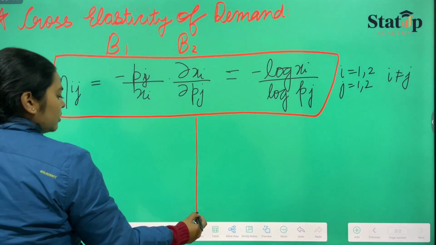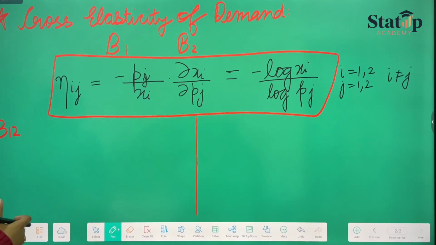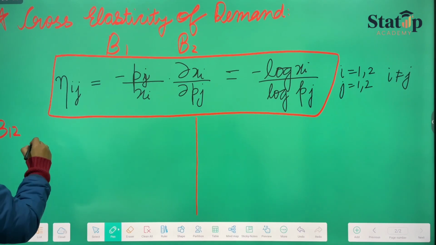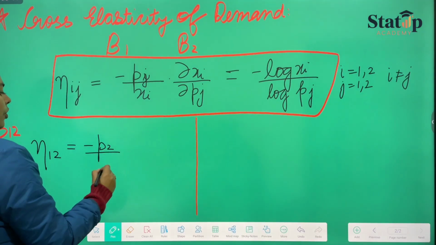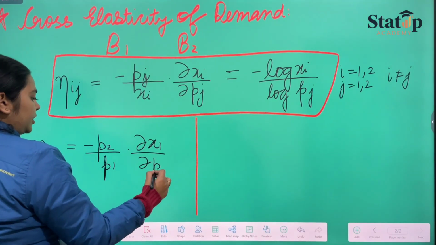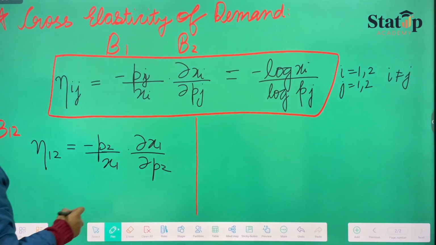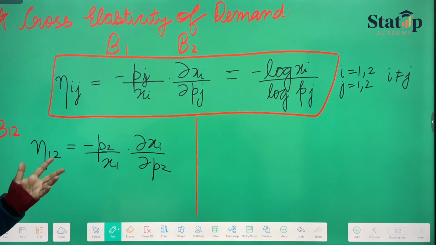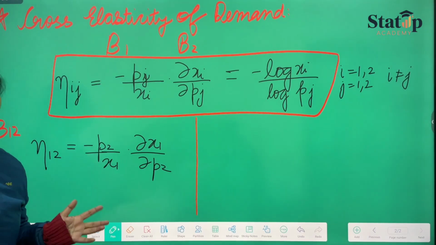If we calculate it for two commodities, suppose we are calculating it for B12, the change that we see in the demand of commodity B1 with respect to the price change in commodity B2 is given as eta 12 equals minus P2 upon X1 into delta X1 upon delta P2, which means the relative change in demand of commodity B1 with respect to the relative change in price of commodity B2.